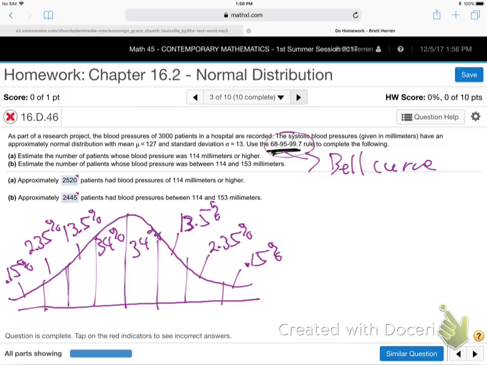Now, the percentages never change, but the numbers on the bottom do change. Can you put the numbers on the bottom in? So start with the middle. What's the middle going to be? The 127. Yeah.